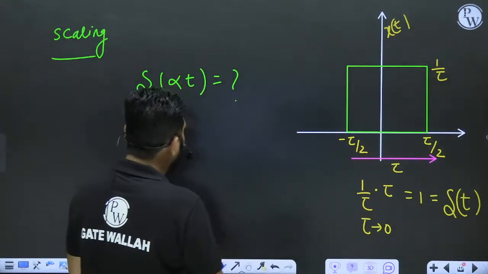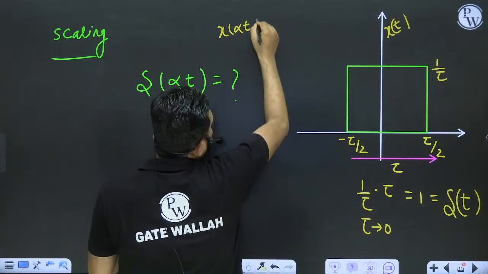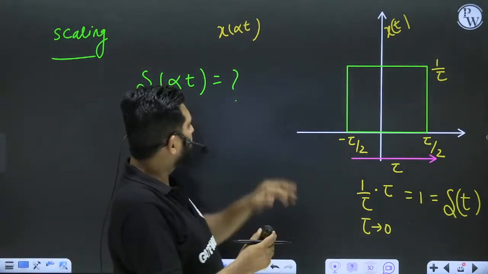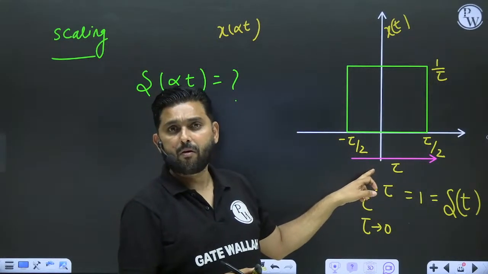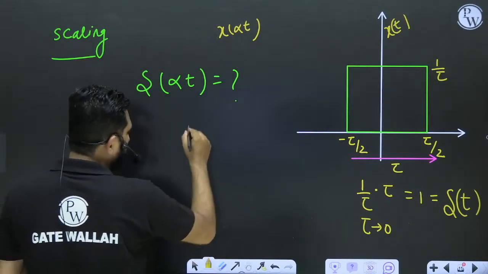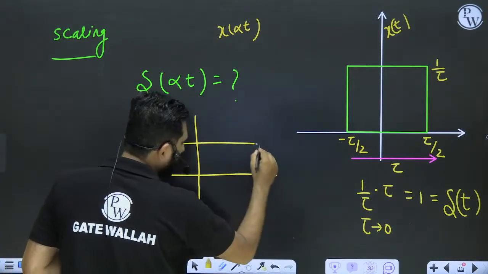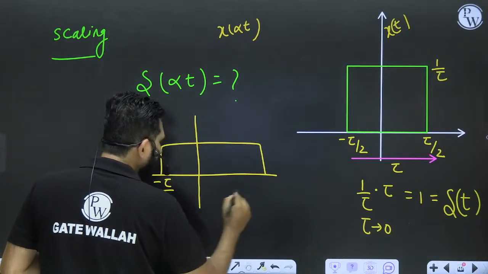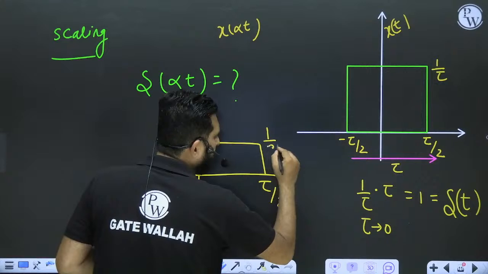You know that if you scale any function x of alpha t, then, as I told you in the very first class, go and revise those classes, alpha will come into the denominator. So if you scale this function, then what we will get is a function which is from minus tau by 2, with height 1 by tau.